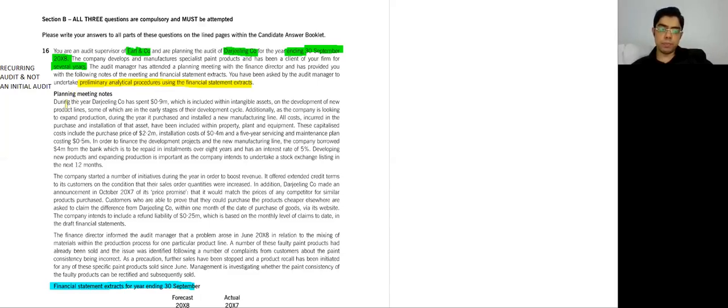Planning meeting notes. During the year, Darjeeling Co. has spent $0.9 million, which is included within the intangible assets, on the development of new product lines, some of which are in the early stages of their development cycle.